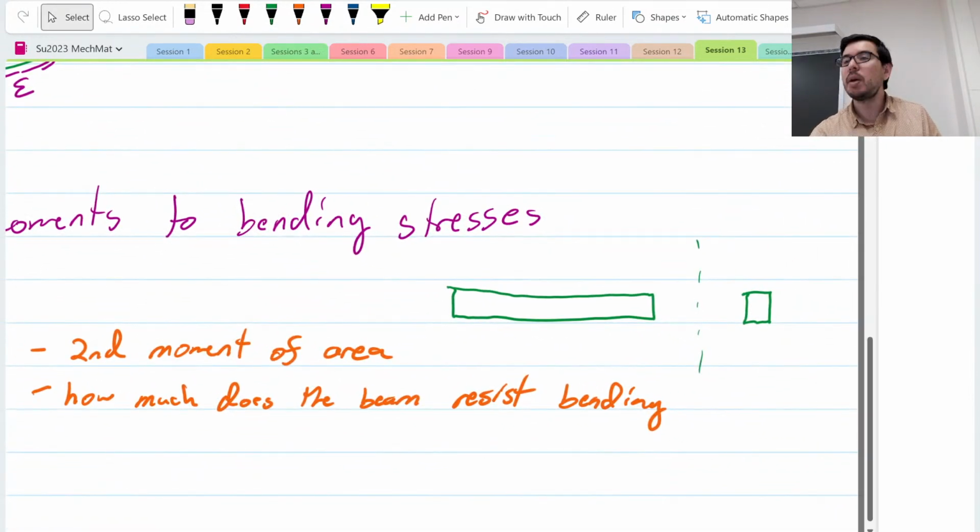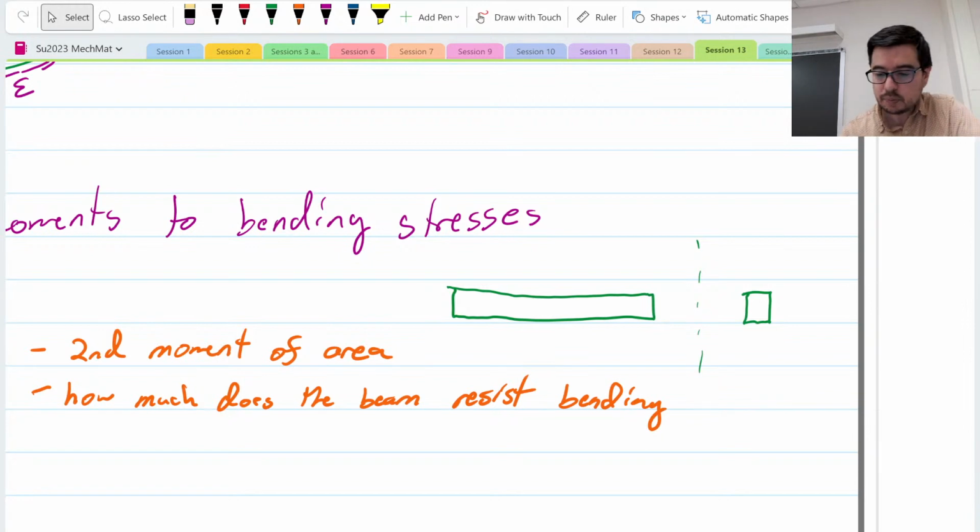And so let's say it's some type of rectangular profile, which is kind of the most common one. And you'll see more in the notes about how to go about calculating these second moments of area. Okay, that'll be between questions 2 and 3 in the notes.